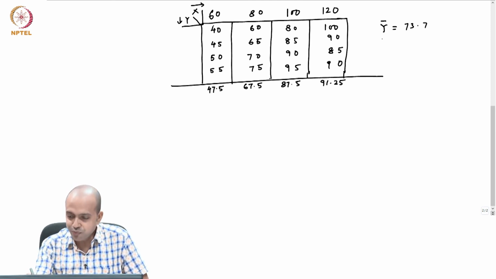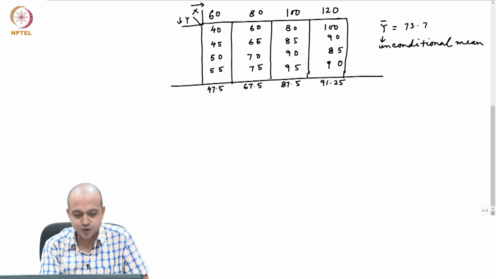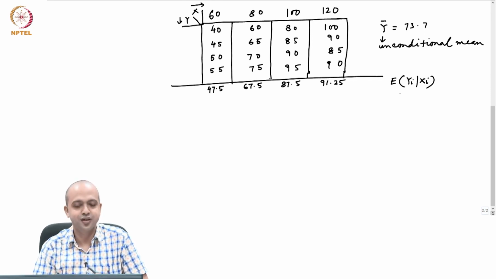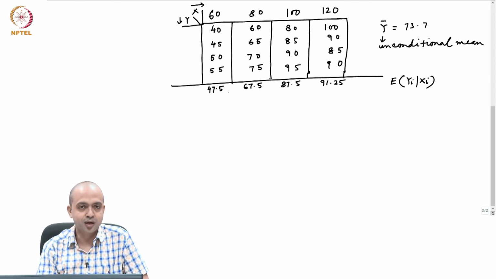While y bar is called the unconditional mean, what we have calculated here, 47.5, 67.5, 87.5 and 91.25, are called conditional means. That means expectation of yi given xi. So, I have derived 4 conditional means. These means are conditional upon their weekly income.